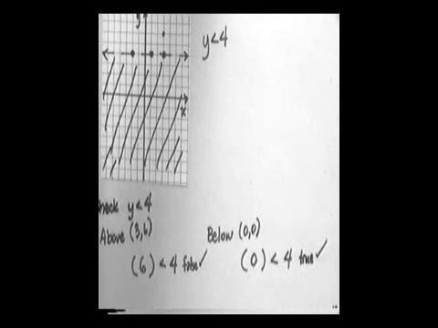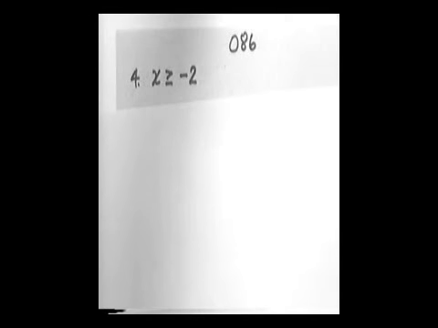One last example. This one does not involve y at all. We're to graph x is greater than or equal to -2. X is greater than or equal to -2. Our first task is to solve for y. However, y is not present in this inequality.